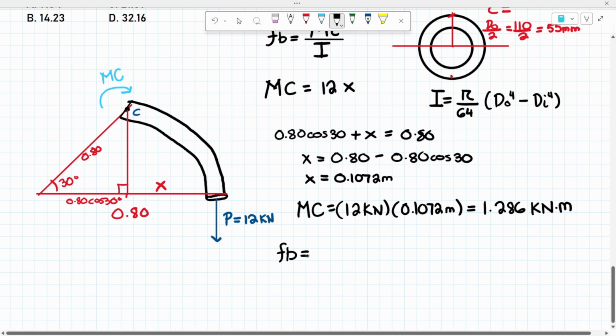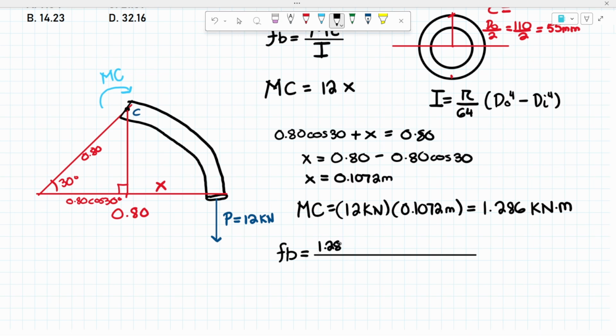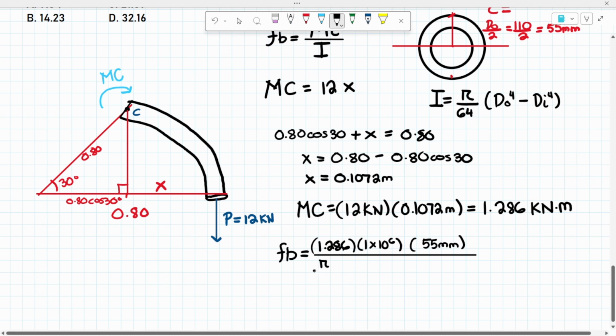FB is equal to M. Moment at C, that is 1.286 kilonewton meter. We will change this into Newton mm. So we multiply 1 million, so that is 1 times 10 raised to 6, in order for this to be converted to Newton mm, then you see that is 55 millimeters all over the moment of inertia, pi over 64, d outer raised to 4, that is 110 raised to 4, minus d inner, 94, raised to 4.